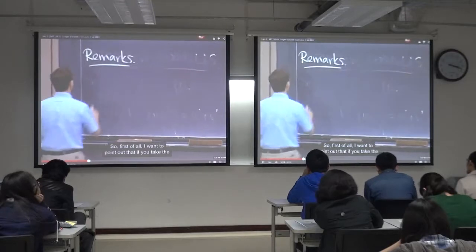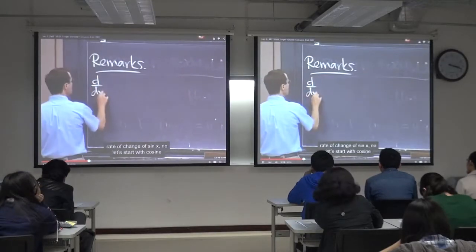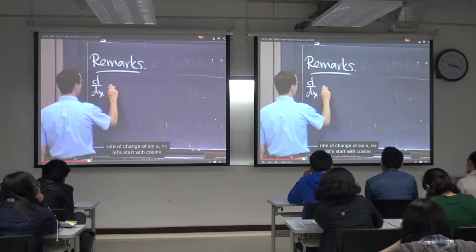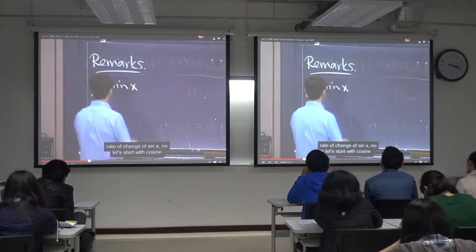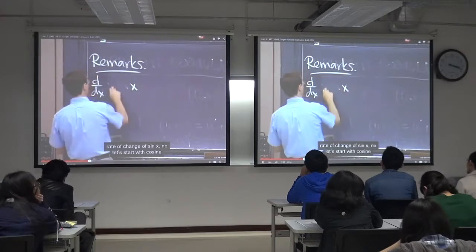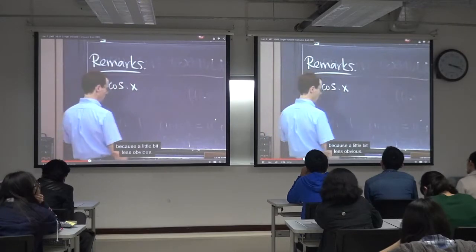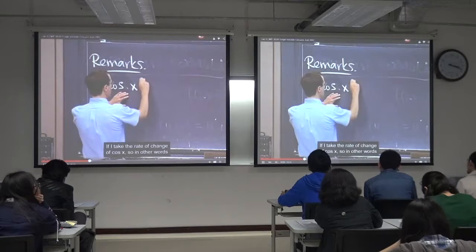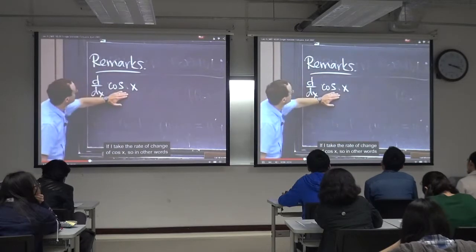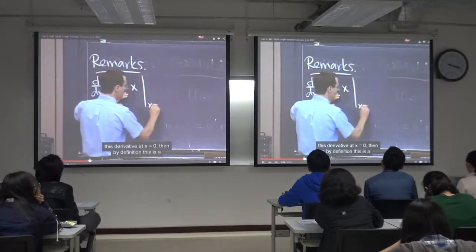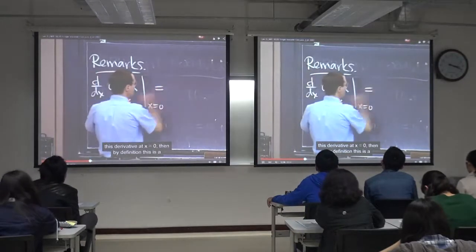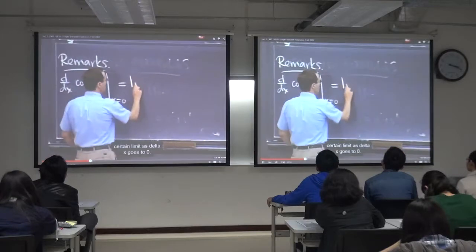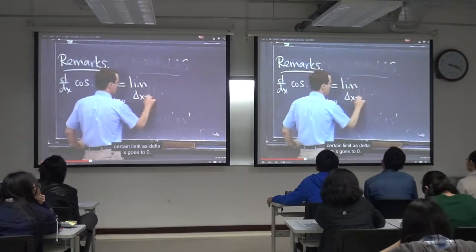So first of all, I want to point out that if you take the rate of change of sine x, so let's start first. It's actually a little bit less obvious. If I take the rate of change of cosine x, in other words, this derivative, at x equals 0, then by definition, this is a certain limit as delta x goes to 0.